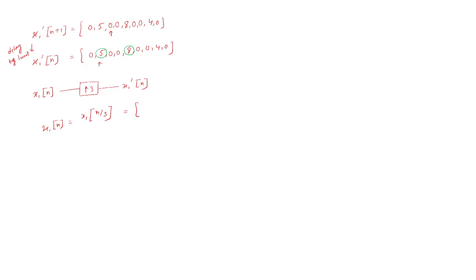First and second index corresponding samples are removed. 8 in third index, fourth, fifth again removed. 4 we are going to keep. The other indices are removed. So what you obtain is this sequence 5 8 4.